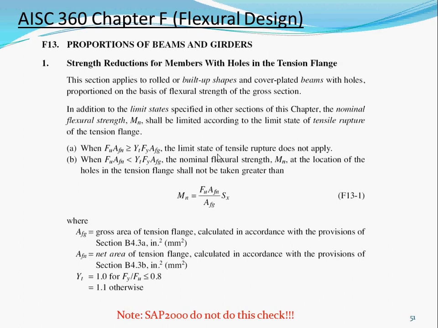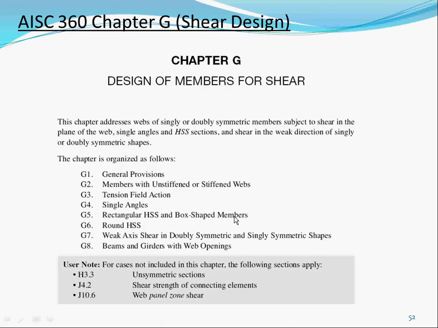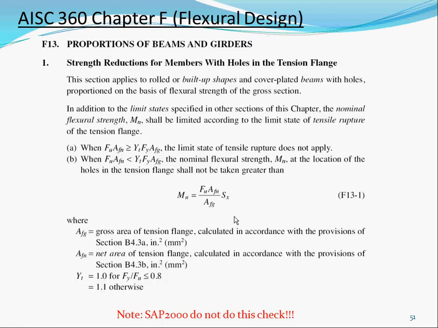SAP does not check that, so you have to check your holes and include them in the analysis somehow. Okay, so the two major things are we have to modify Zx to Sx for the column check, and also add F13 into the design as an additional check on our own, because SAP 2000 does not check this limit state.